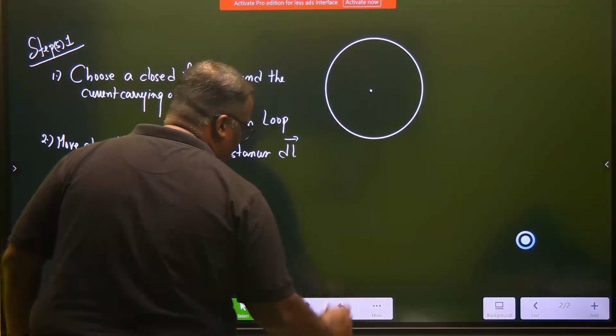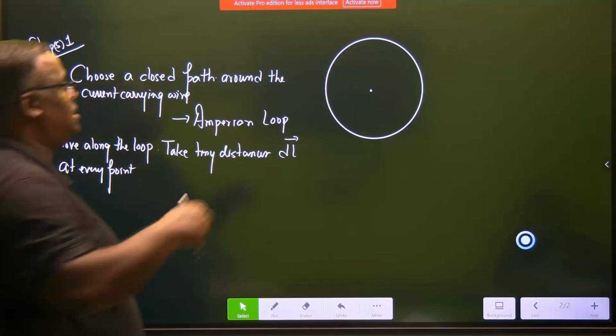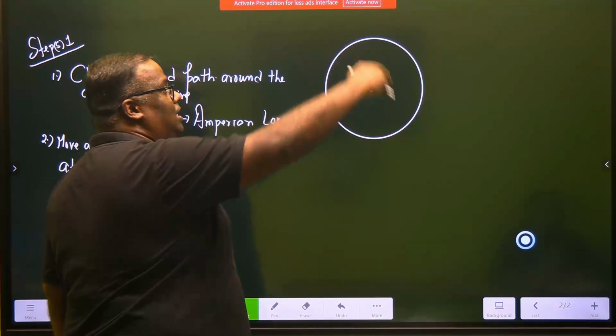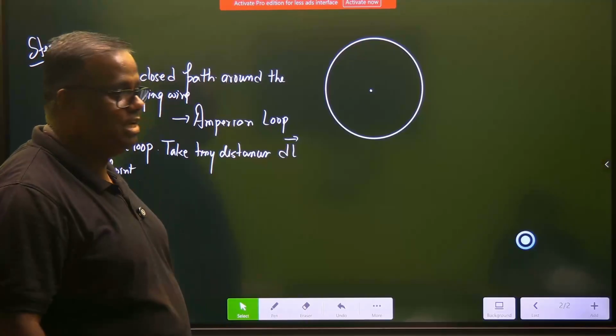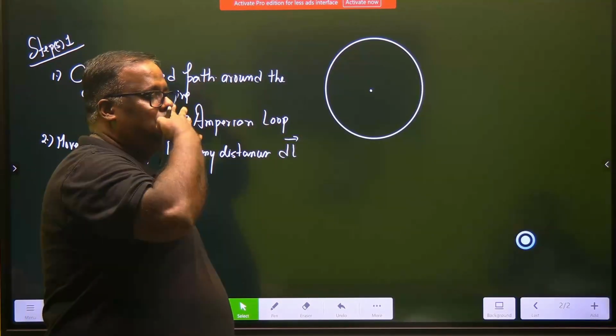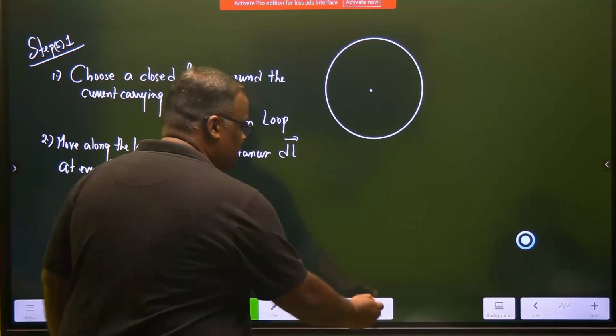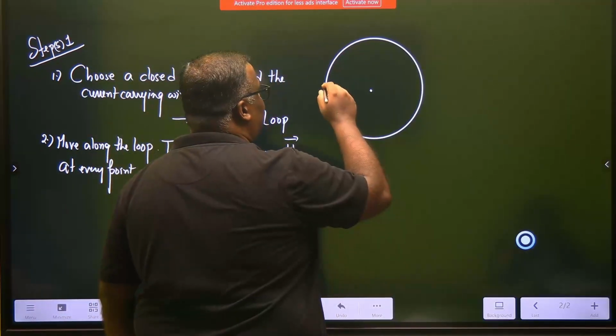Now try to understand. This is a magnetic field line. So what is the magnetic field's direction at a magnetic field line? The magnetic field will always be tangential to the magnetic field line. Let's say this is my magnetic field at any point here.